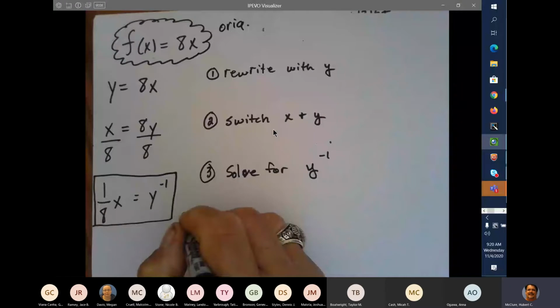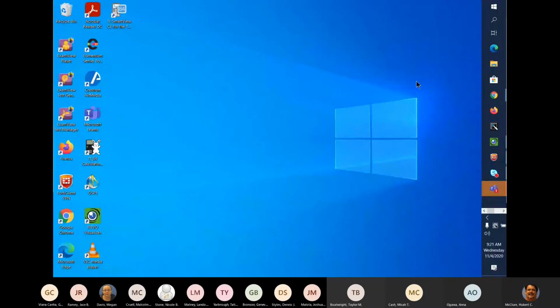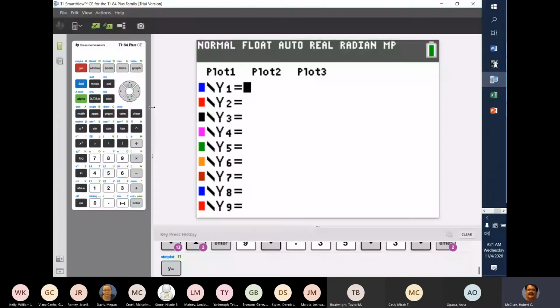So let's graph the inverse function so you can see what it is. So y is equal to 8x. And since 8x is kind of the base function, we're going to make it black. So I'm going to change it to black.